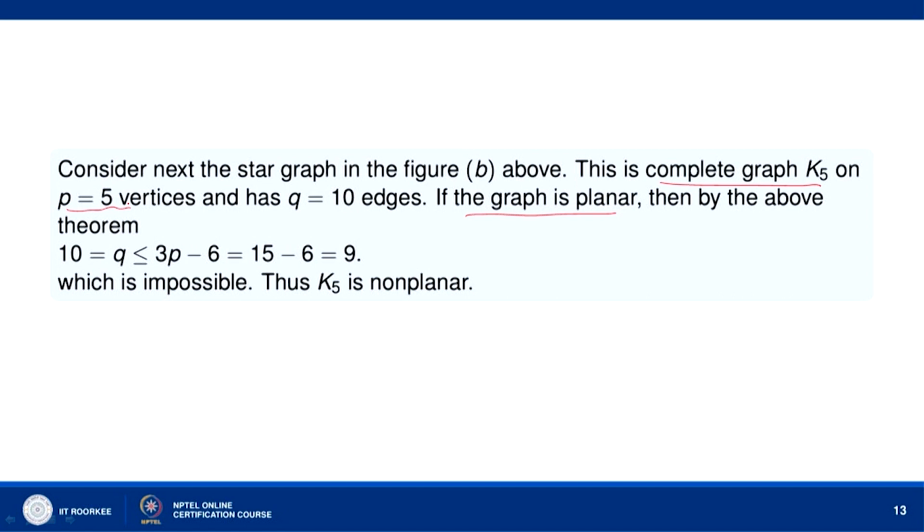Therefore, q is less than or equal to 3p minus 6 by that theorem for a planar graph. So, 3p minus 6 is 3 into 5 minus 6, that means 15 minus 6, that is 9. So, q is less than or equal to 9, but q is equal to 10. So, there is a contradiction, and therefore, K5 is not a planar graph.